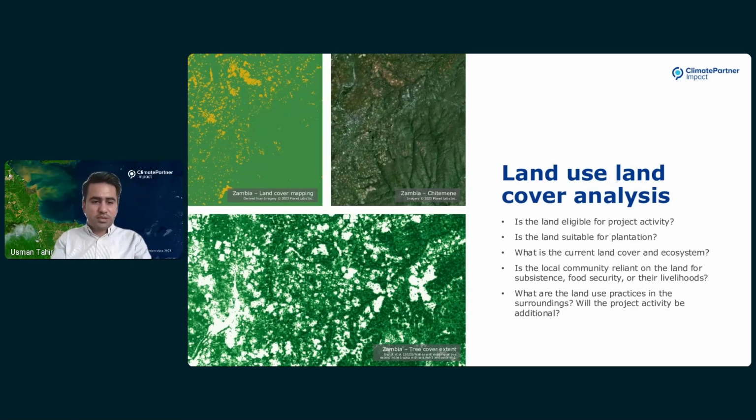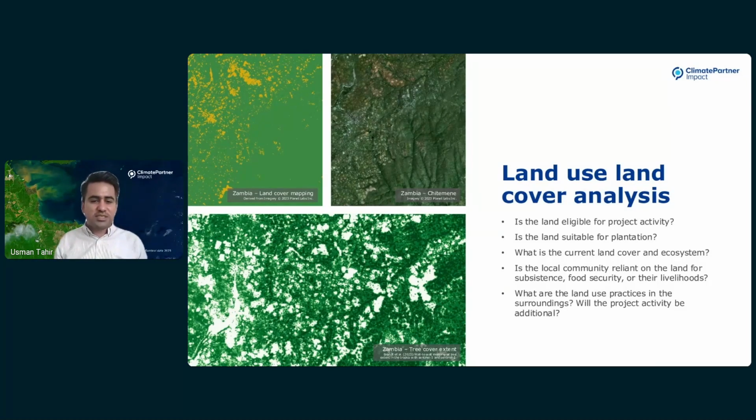Then to have a better understanding of what's the type of vegetation, we do analysis of tree cover extent on a broader scale to also see what is in the ecosystem, what is outside the project area. So here you see the green one shows the tree cover, and the white one shows the non-tree cover area.